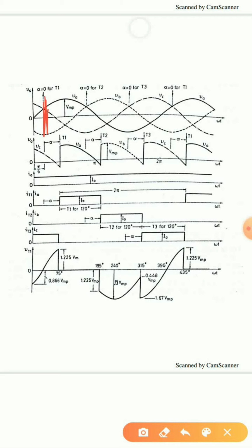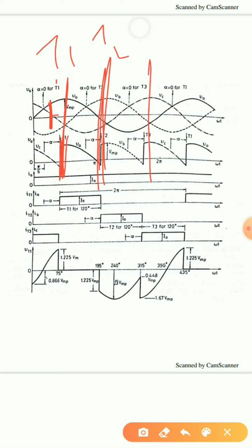If my alpha's value is greater, for example, let me take alpha to be somewhere around 45 degree, I know that plus 30 I'll get some waveform like this. Here thyristor T1 will start conducting, thyristor T2 plus 120 degree will start conducting, and from there plus 120 degree T3 will start conducting.